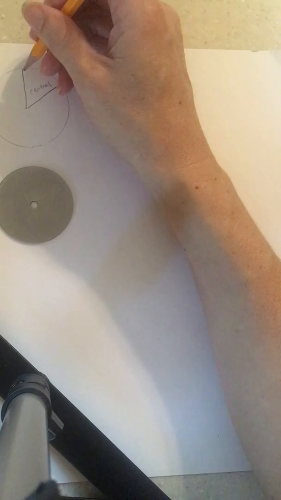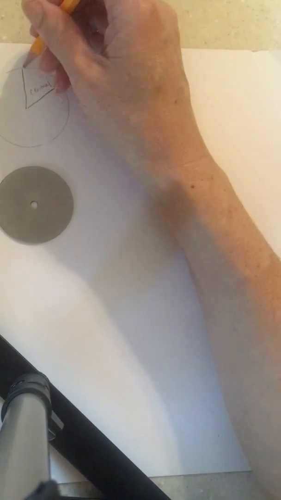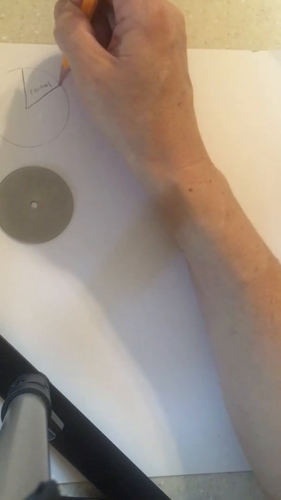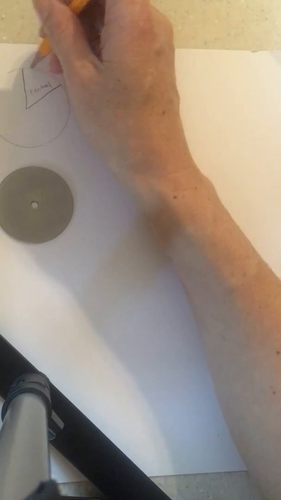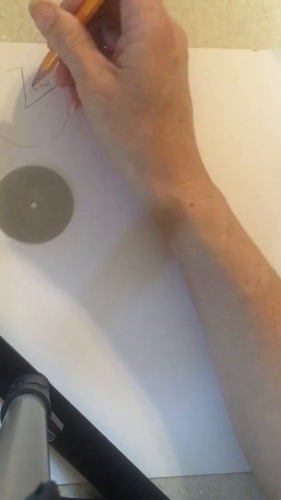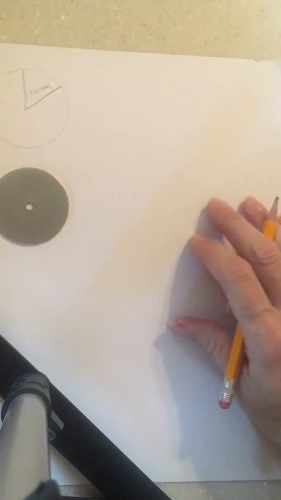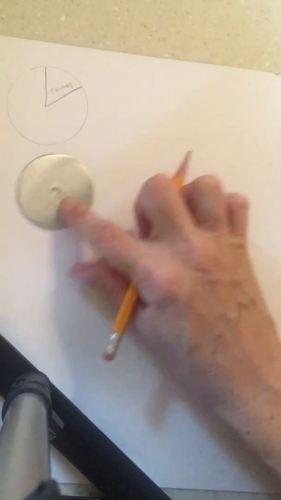This is a central angle, and we said that the central angle is equal to the measure of its arc. So if this angle here is 30, then this arc is 30. Or if this angle is 45, this arc is 45. So that's our central angle.